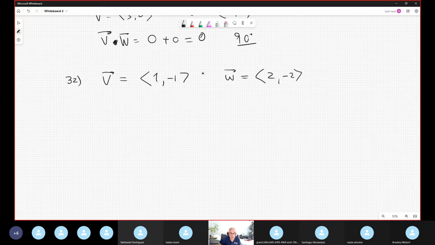How do you prove two vectors are parallel? Easy. You divide component by component. For example, 1 divided by 2. And then negative 1 divided by negative 2. See, the answer is the same. They are parallel.